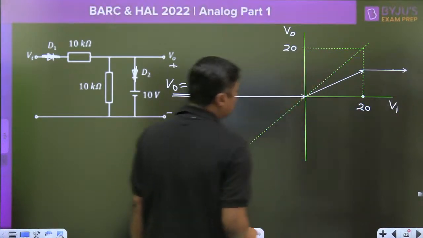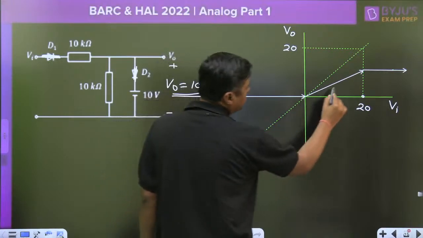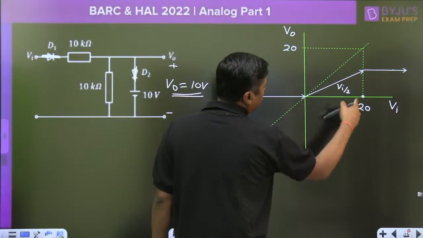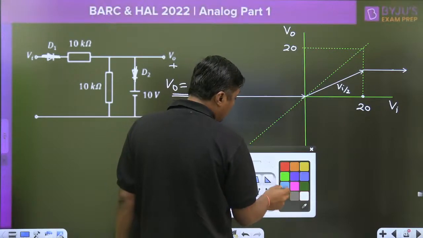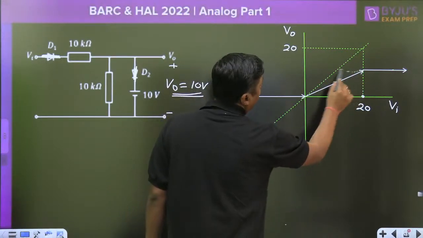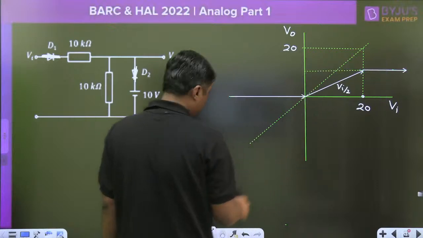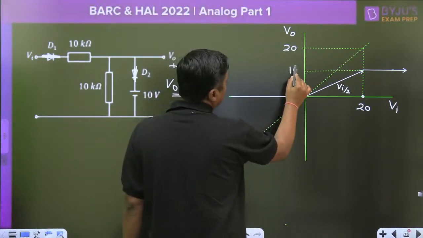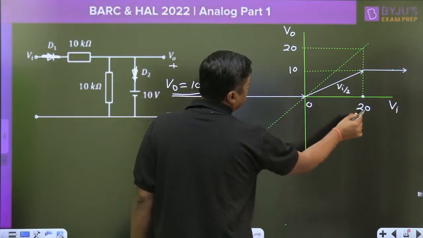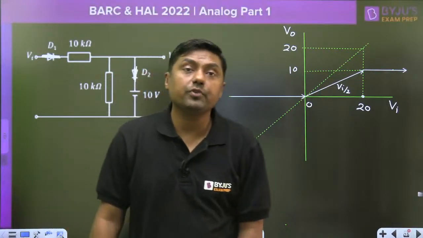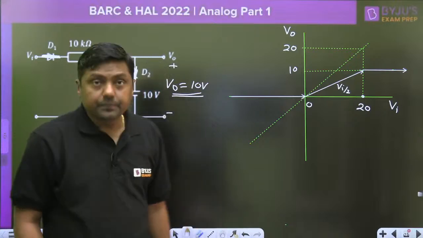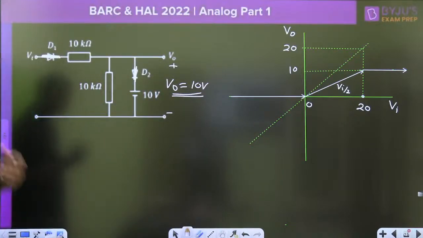So what is the slope of this line? Vi by 2. When the input is 20 volt, what is the output? Output is 10 volt. So this is called the transfer curve. 0 is called a breakpoint, 20 is called a breakpoint, and this white line is called the transfer curve, V0 versus Vi. This is the question on clipper.